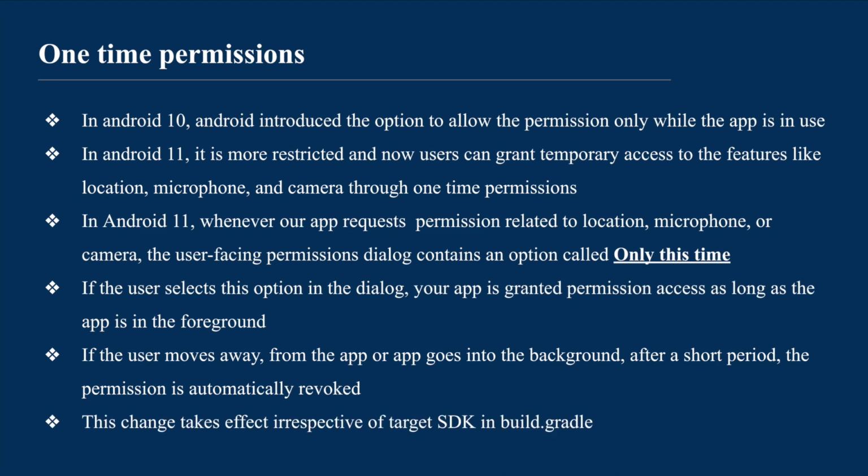The key point to remember here is this change takes effect irrespective of target SDK in build.gradle file. So if a user installs your app on Android 11, this change will be applicable for it, even if you don't change the target SDK version of your app. So if you have an app which makes use of runtime permissions, then you need to test it on Android 11 and make sure it works properly.